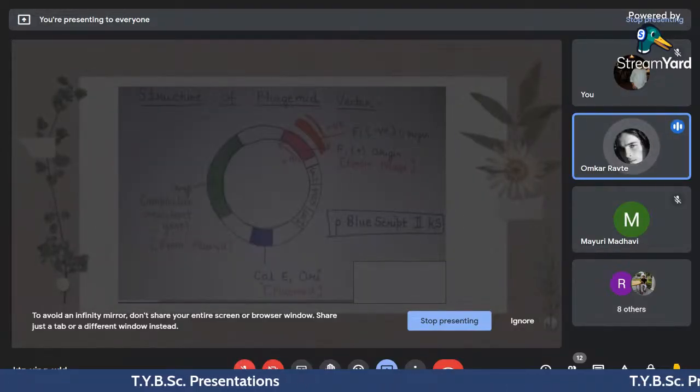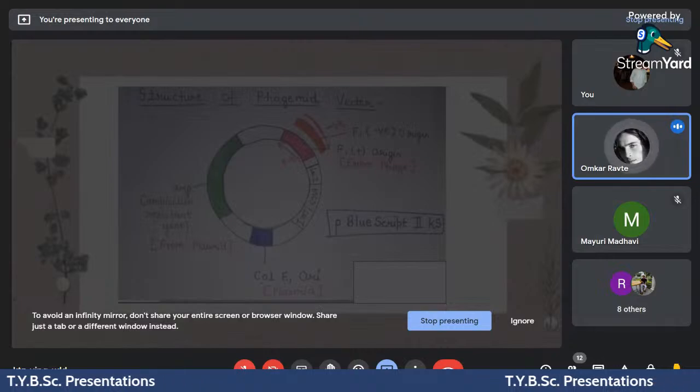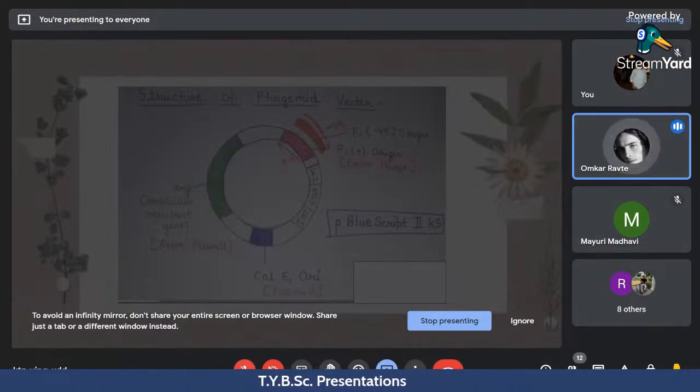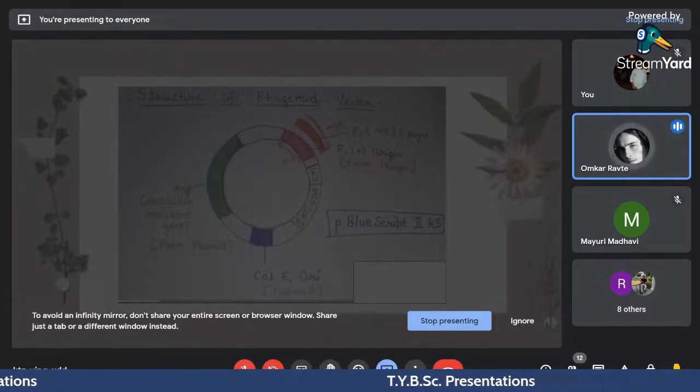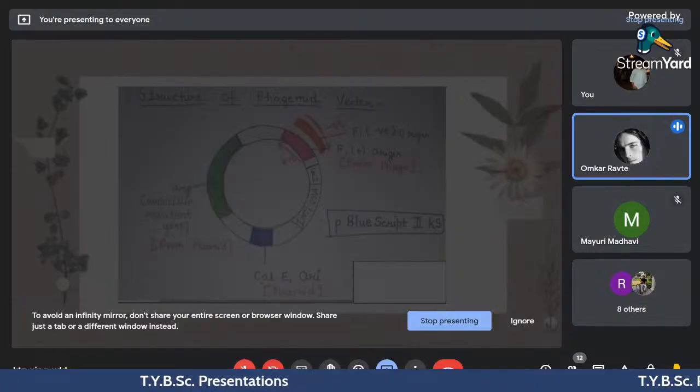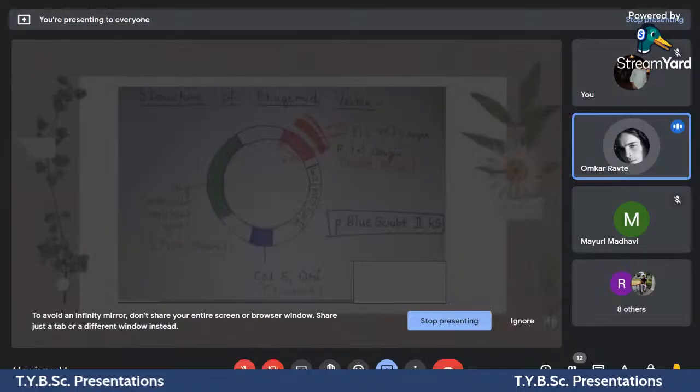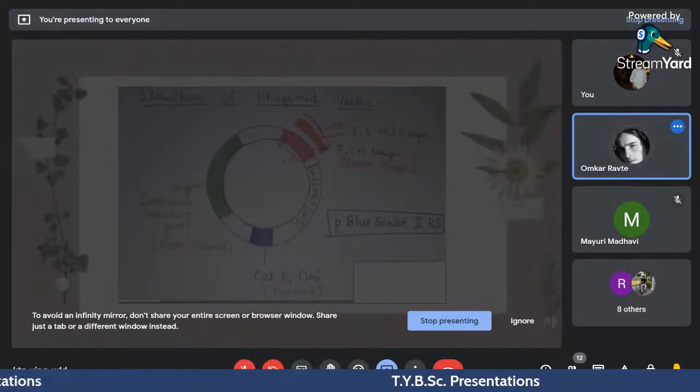So as you can see in this diagram, the plasmid ORI and the antibiotic resistance gene are used to identify recombinant plasmid. It also has the multiple cloning site, MCS.